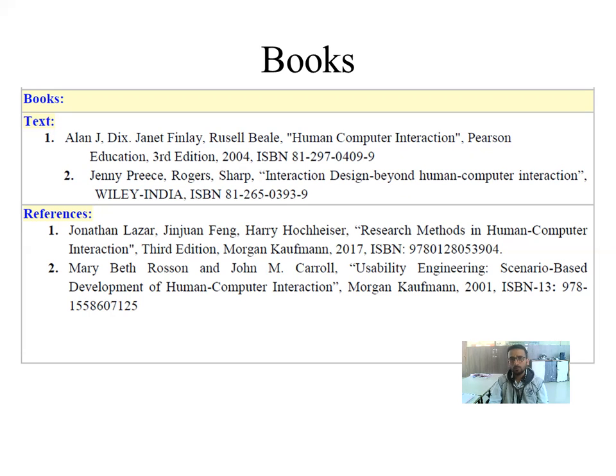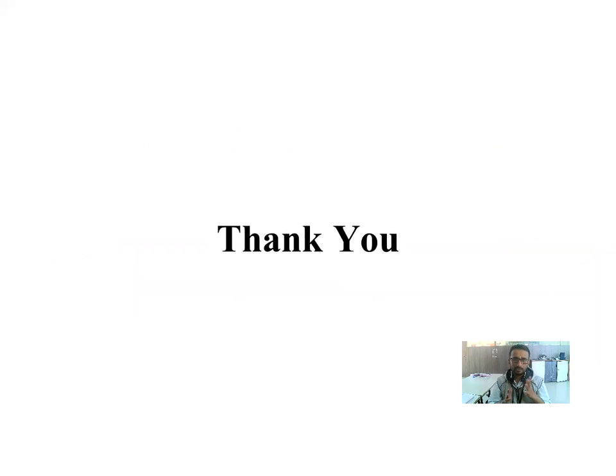Okay, so this is all about the subject introduction for your human computer interaction subject. We just had a brief introduction with respect to the teaching scheme. Then we discussed the objectives of the subject and the course outcomes.